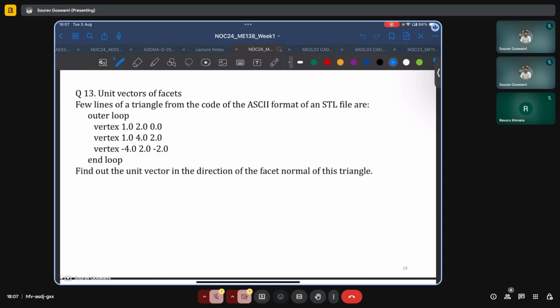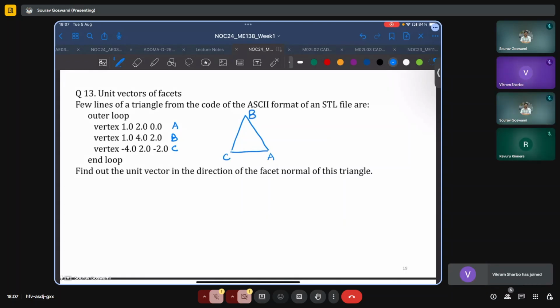Let us just assume that in the given order, the three vertices are A, B, and C. And I'll just draw a representative triangle here. And we are asked to find the facet normal.